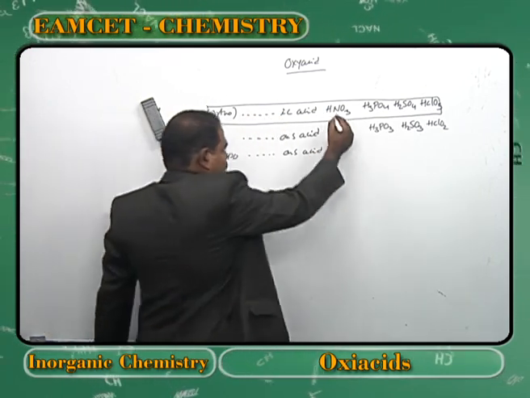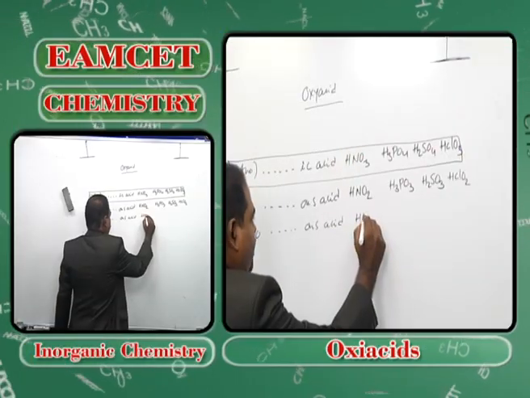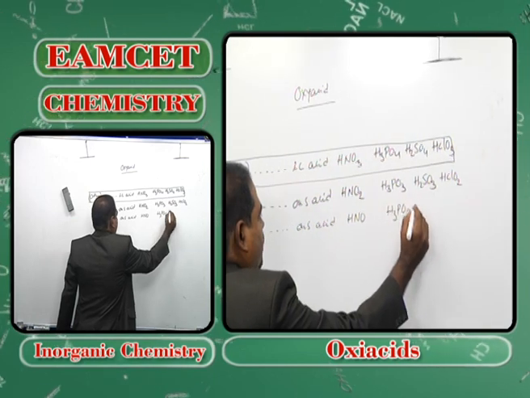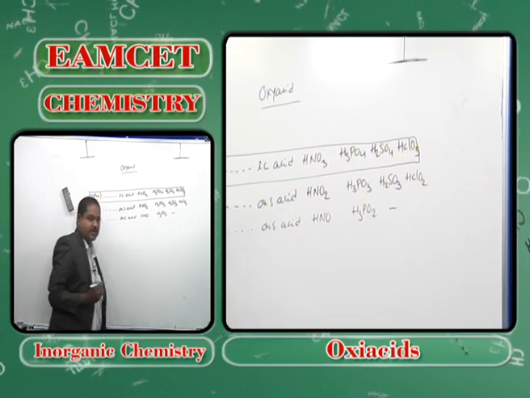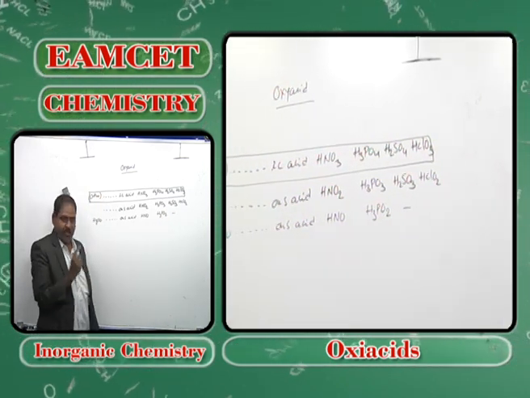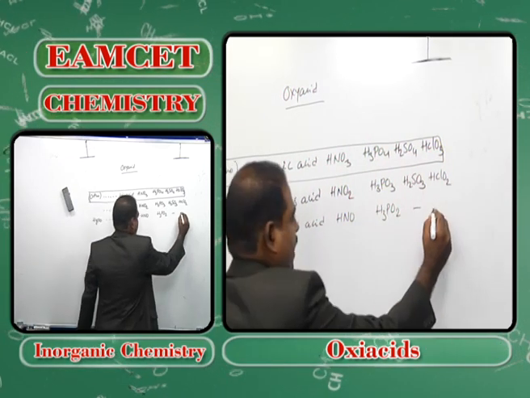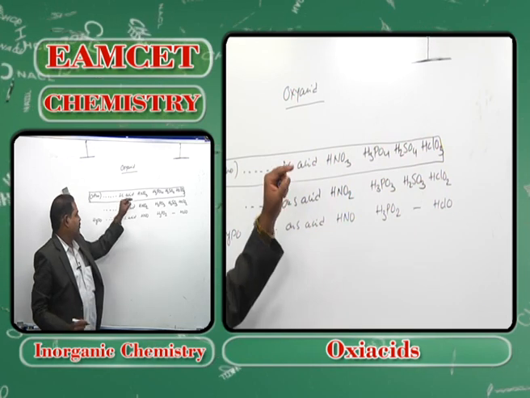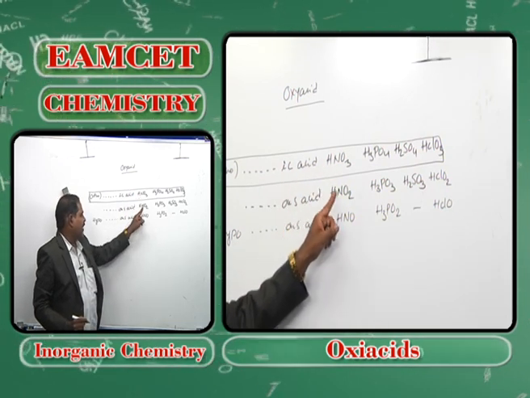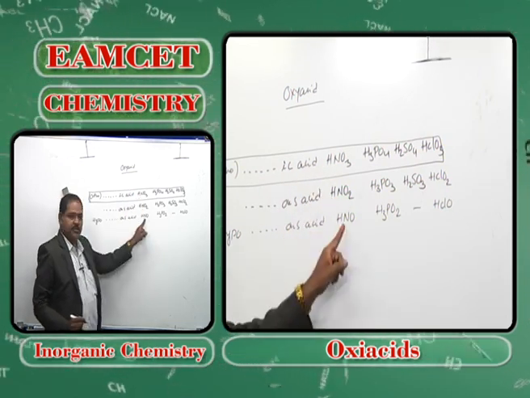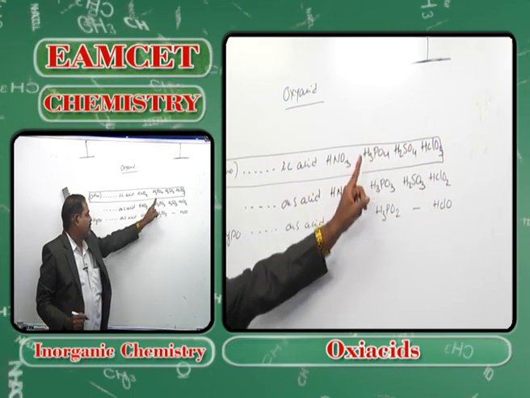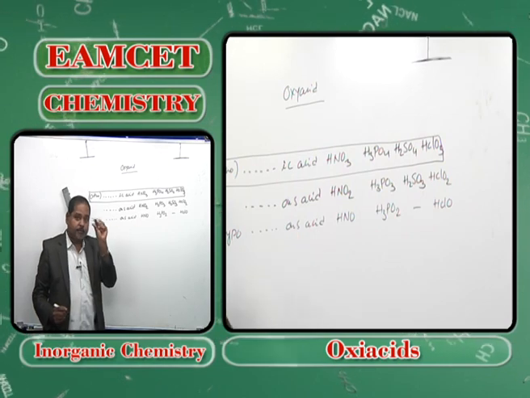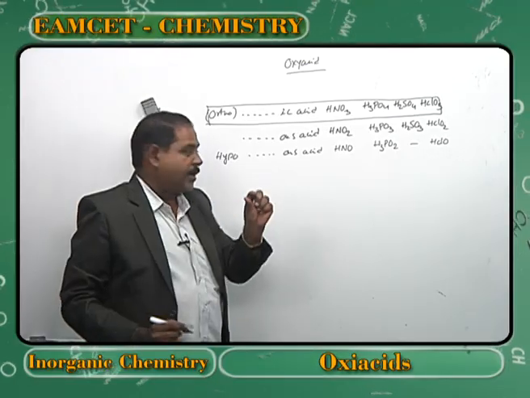So, you remove one more oxygen: HNO, H3PO2. And of course, this hyposulfurous acid, strictly speaking, doesn't exist. And HClO. Repeat the three names together. Nitric, nitrous, hyponitrous. Phosphoric, phosphorus, hypophosphorus. Spell them, pronounce them clearly.